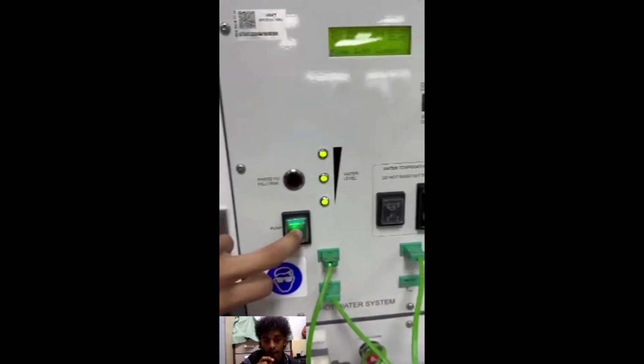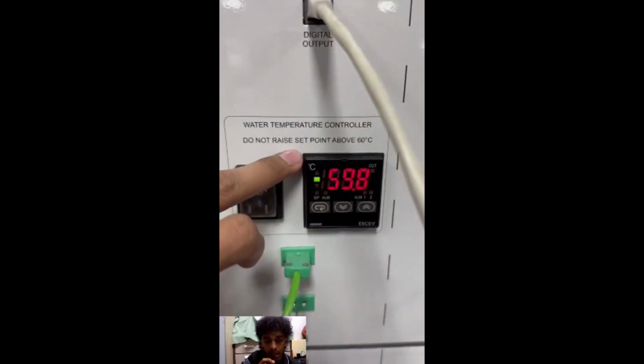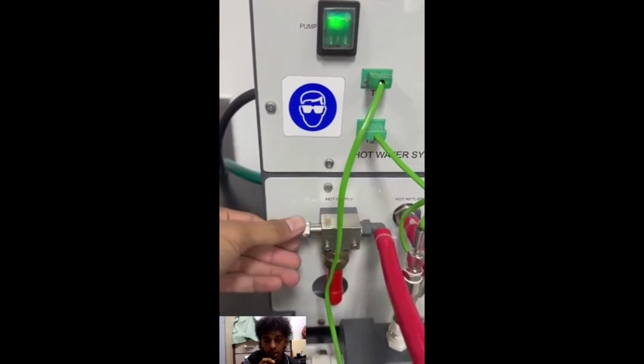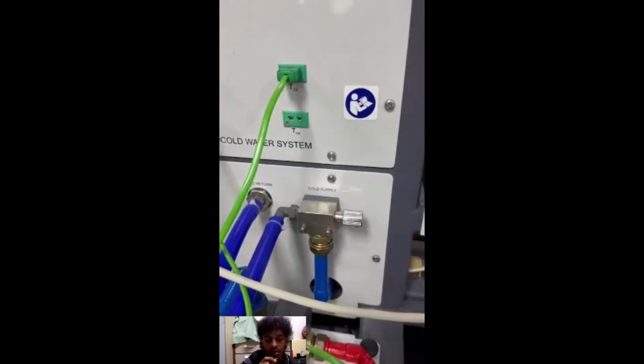The pumps are activated to circulate water through the system. Next, the base unit is switched on and the temperature controller is set to 60 degrees Celsius. The hot water is allowed to heat up until it reaches the set temperature. Once this temperature is achieved, the system is ready for experimentation.